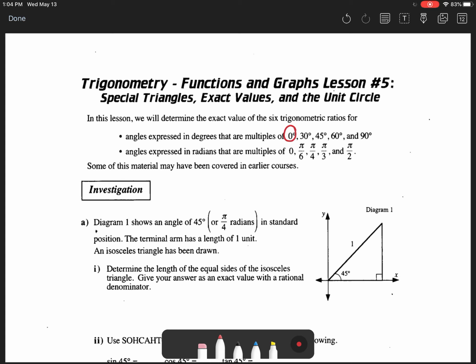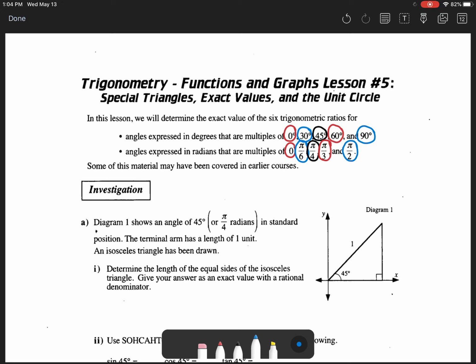So 0 degrees is equivalent to 0 radians. 30 degrees is equivalent to pi over 6. Remember, 180 divided by 6 is 30. 45 degrees is equivalent to pi over 4 radian. 60 degrees is equivalent to pi over 3. And then 90 degrees is equivalent to pi over 2.